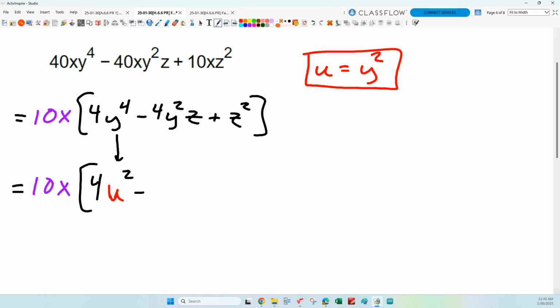Minus what? Okay. So now I've got multiple variables in that quadratic trinomial. What would my magic numbers have to multiply to this time?